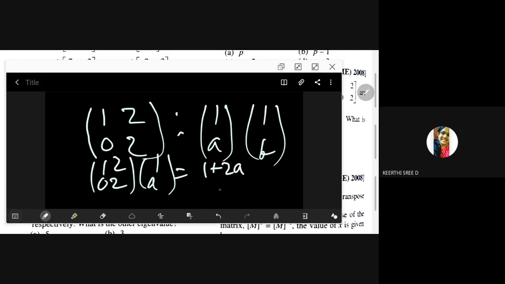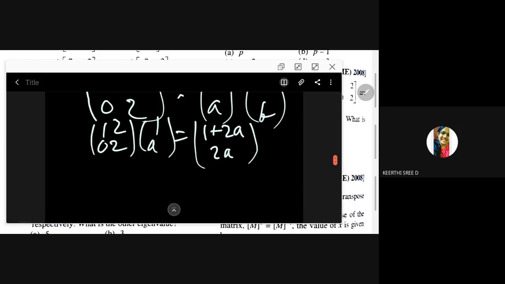And the other one is 2a. Right. This is one vector. And what is the other one? The other one, 1b.